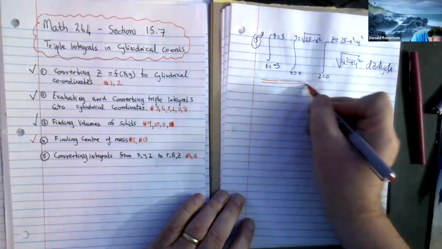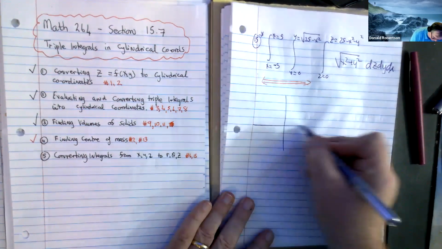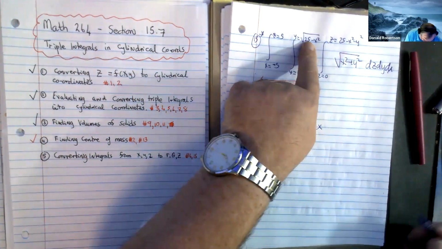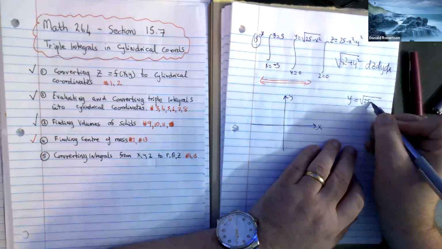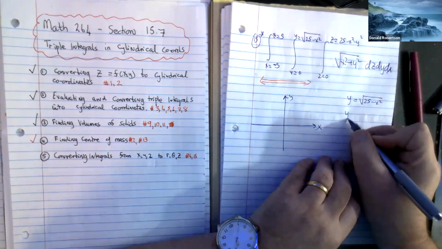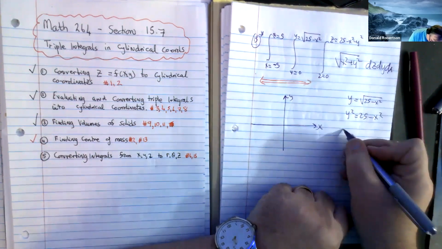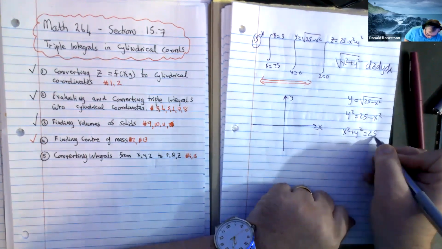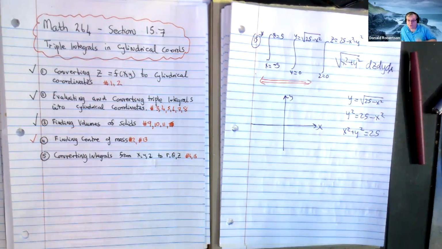These 2 guys here, they're going to tell me the xy plane. They're going to tell me the floor. If I take this fella, just like the last time, because everything's going to pretty much end up being a circle, I get this guy. If you square both sides, and if you add x squared to both sides, you get a circle radius 5, which is true.